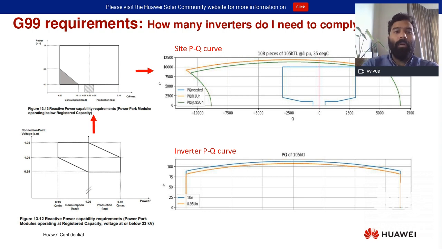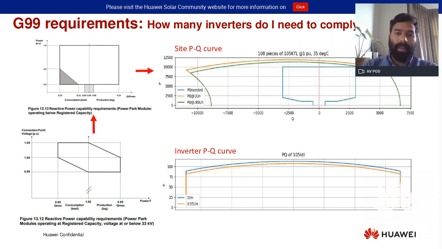And finally, for how many inverters you need to comply with the requirement, this is a very popular question nowadays, because the grid connection requirements are changing globally, I would say, and especially in Europe with the introduction of the RFG.